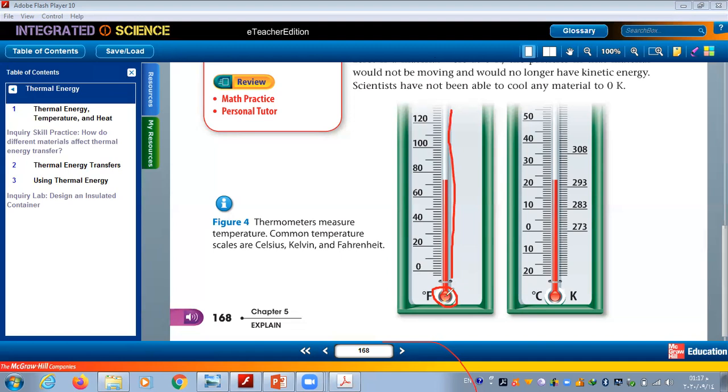The alcohol rises up, or expands. So when the temperature increases, the alcohol expands. Simple words, that's the working idea. Then the opposite: when the temperature decreases, the alcohol contracts.